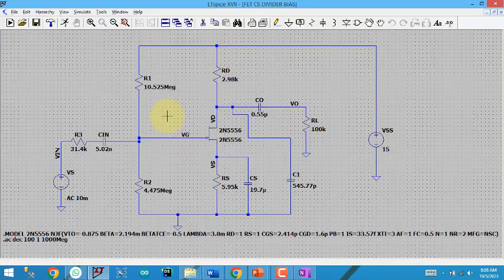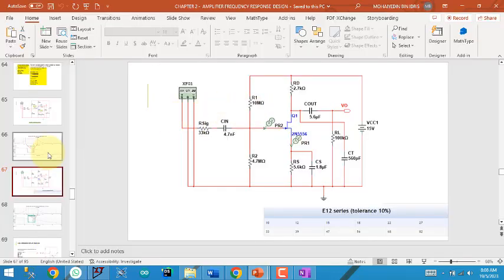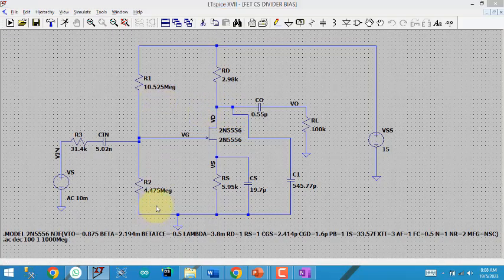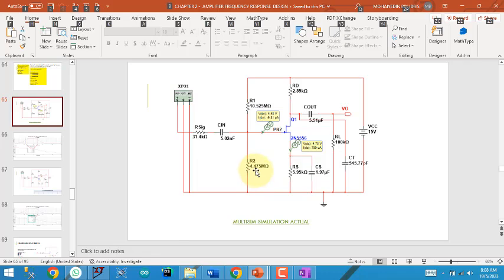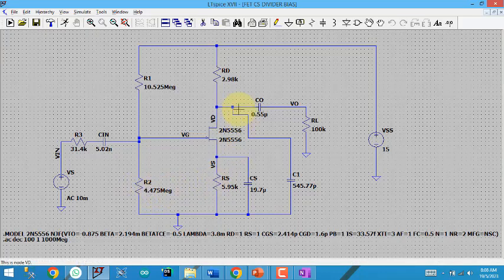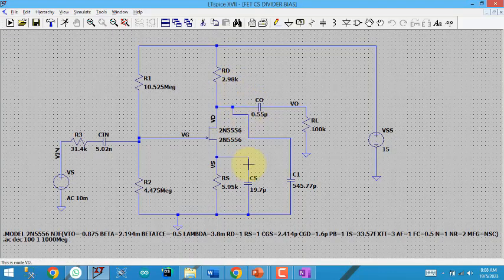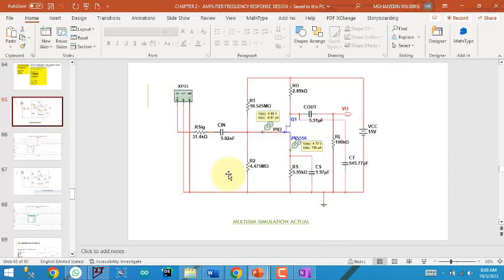We have 10.52 megaohm, 4.47 for R2, and for RD we have 2.89 kilo ohm. At the C-in we have 5 nanofarad, CS 1.9 microfarad.